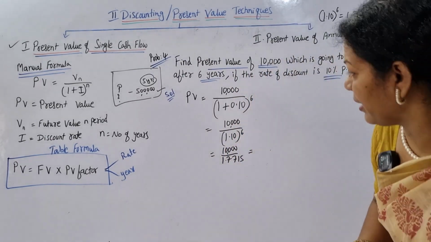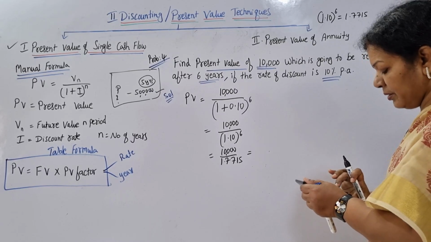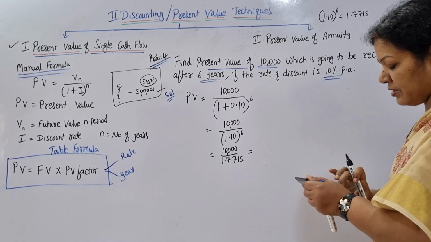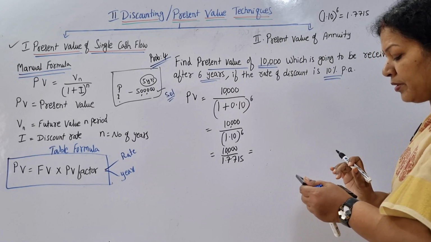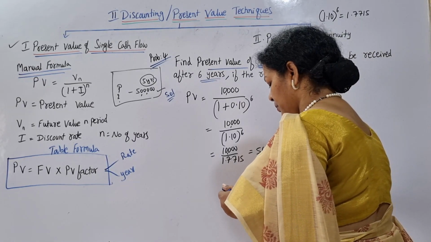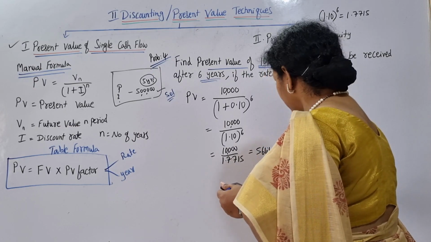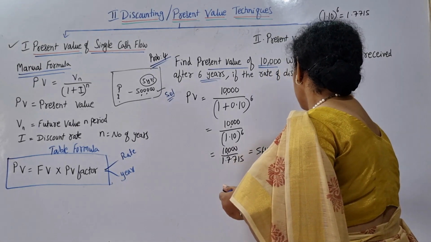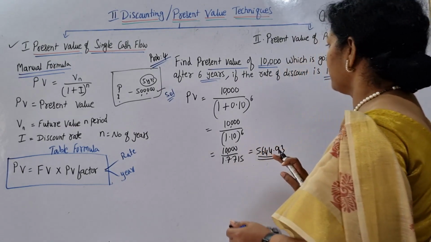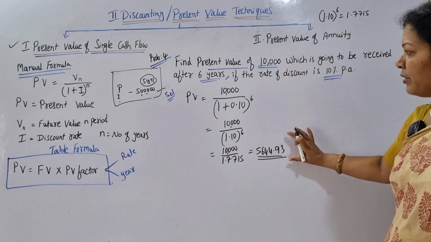Now we'll use the calculator. 10,000 divided by 1.7715. You'll get 5,644.93. This is what we are getting. It means the present value we are finding is this much.